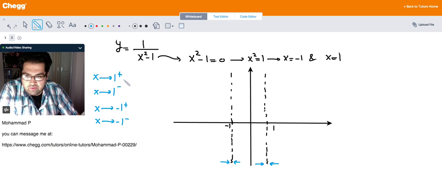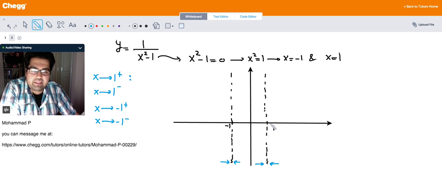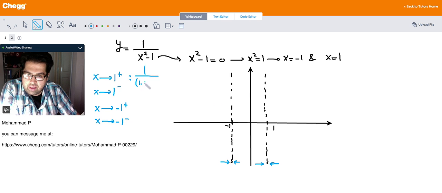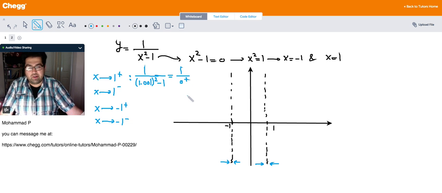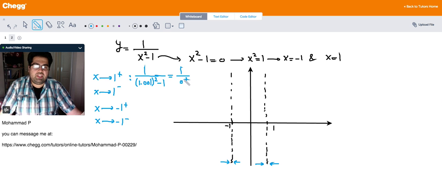For this case, if I plug in a number a little bit bigger than 1, let's say 1.001, 1.001 squared minus 1, and I evaluate the denominator, I would get 0 positive. It's a very small number close to 0, which is positive.